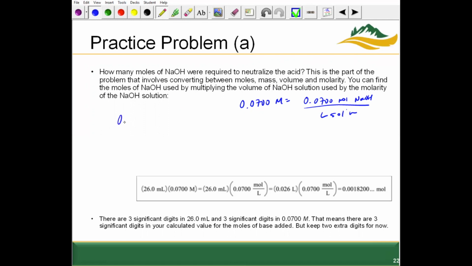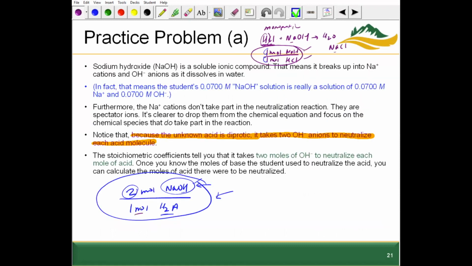So now we can say 0.0700 moles of NaOH per liter of solution. Then we can get just moles of NaOH by multiplying by the volume, 26 mL. We just want moles of NaOH, so then we can connect that to moles of acid.